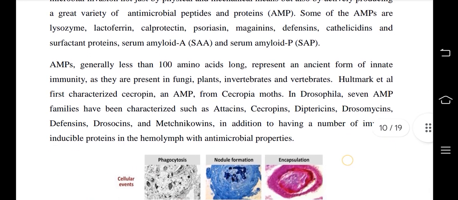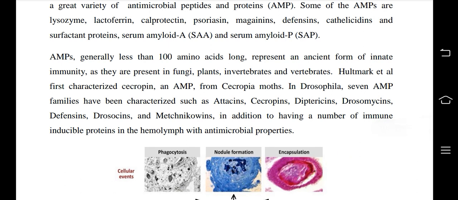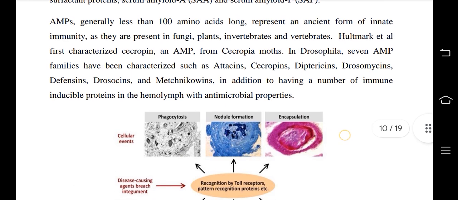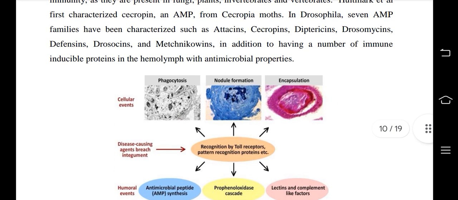In Drosophila, seven AMP families have been characterized, such as attacins, cecropins, diptericins, drosomycins, defensins, drosocins, and metchnikowins, in addition to having a number of immune inducible proteins in the hemolymph with antimicrobial properties.